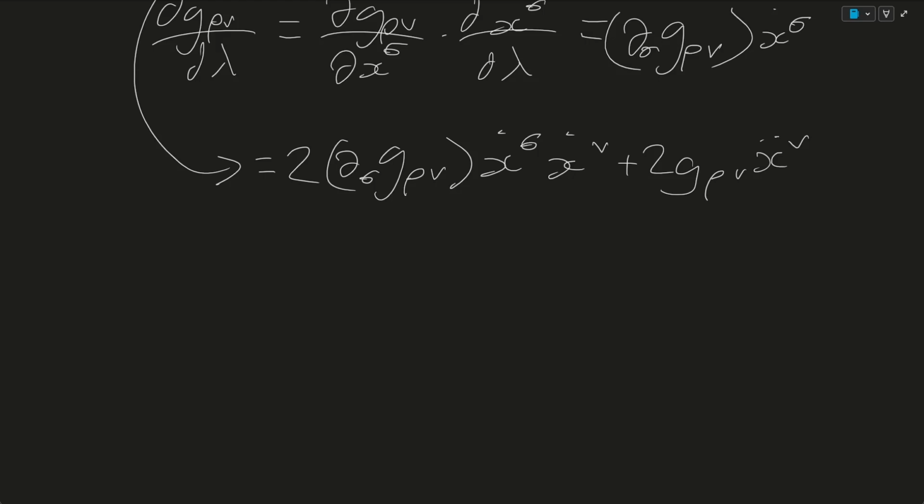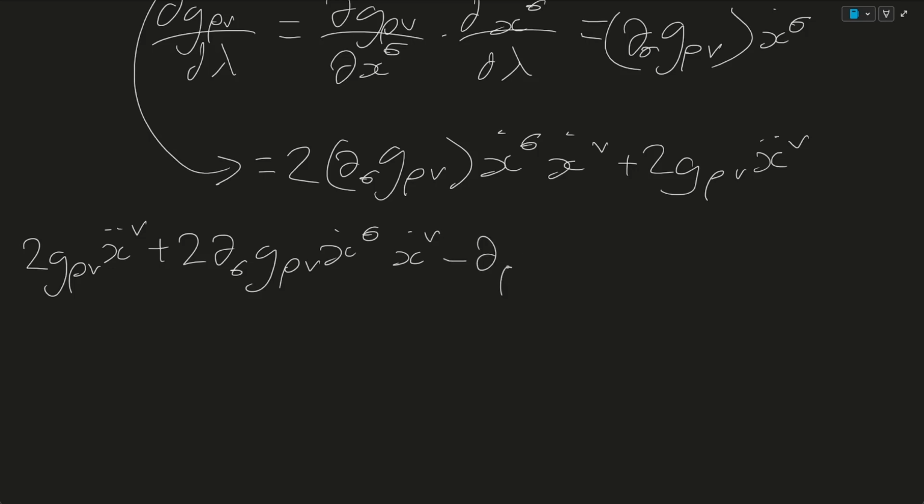And we can definitely do some cleaning up of things, such as dividing it. Let's write the whole thing out, shall we? So we have that 2g sub rho nu x double dot to the nu plus 2 partial sigma g rho mu x dot sigma x dot nu minus partial rho g mu nu x dot mu x dot nu, don't need to put that in a bracket even, is equal to 0.